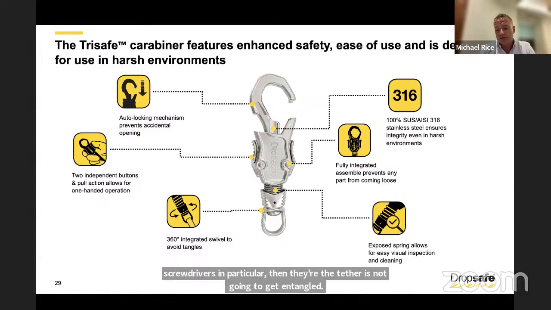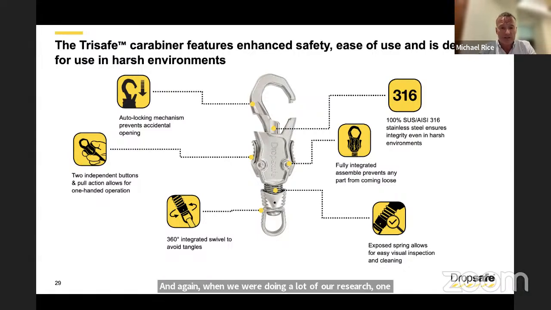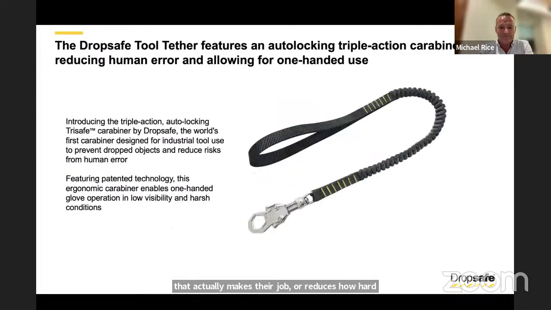And again, when we were doing a lot of our research, one of the things we heard time and time again is operators generally say, whilst we're required to tether tools, we hate doing it because it makes our jobs harder. So what we've tried to do here is develop a carabiner that actually reduces how hard their job is whenever they have to tether their tools.